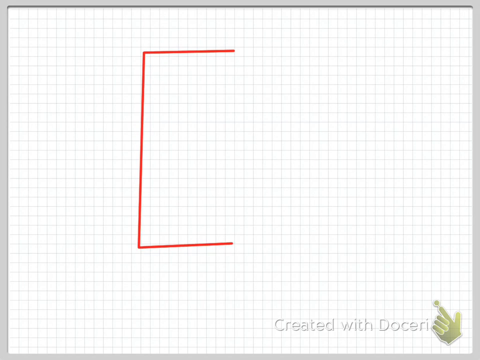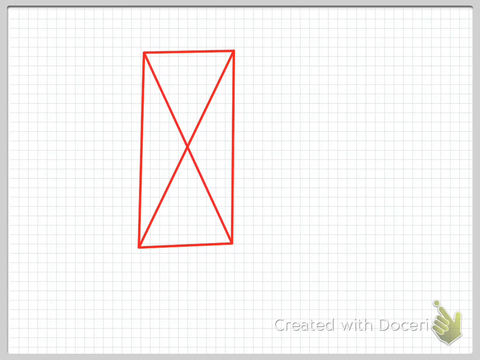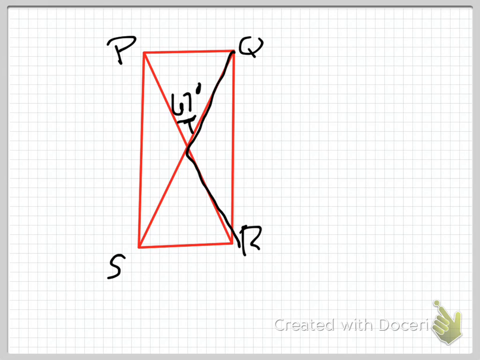Not according to the book. PTQ is 67 degrees, and we want to know the measure of TQR. How much is angle QTR? 113. Let me ask you this.